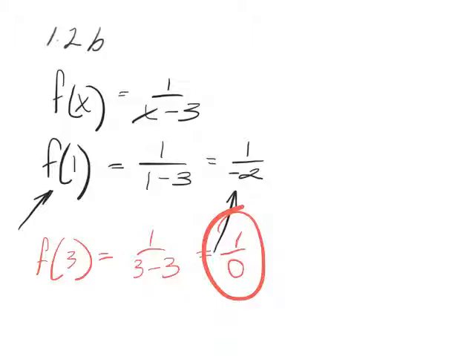So therefore, since division by 0 is not defined, number 3 is not in the domain of f. It does not work for this particular function because 3 makes that function undefined. So 3 doesn't work.